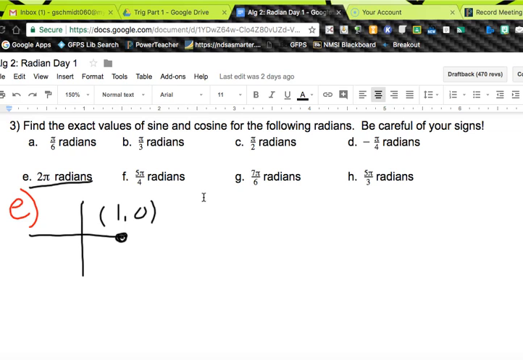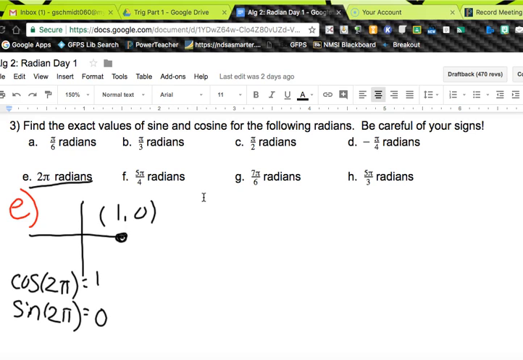Positive 1, 0. So then the cosine of 2 pi and the sine of 2 pi. Remember, cosine alphabetically is x or y? X. So your cosine is 1, your sine is 0. So once you know what angle you're looking at, everything is the same.